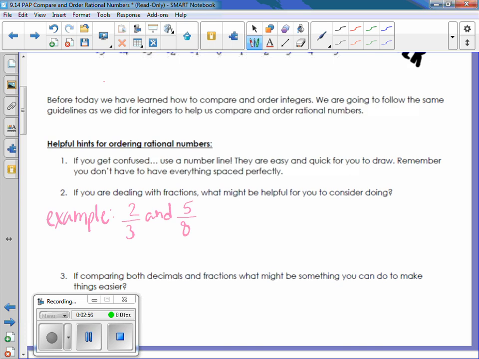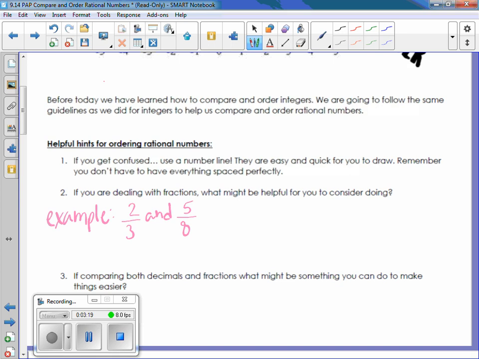Because sometimes, let's say we're comparing 1/2 and 1/4. Clearly, which one's bigger? 1/2, right? You guys can see those pretty clearly. But with this, you're like, okay, 2/3, that's a little bit more than half, right? 5/8 is a little bit more than half. But they're pretty close, right? So we can't just compare them this way.